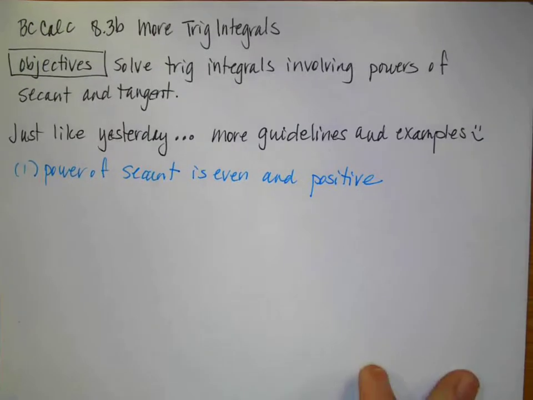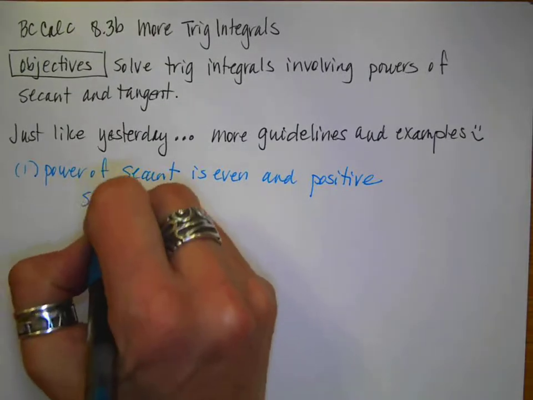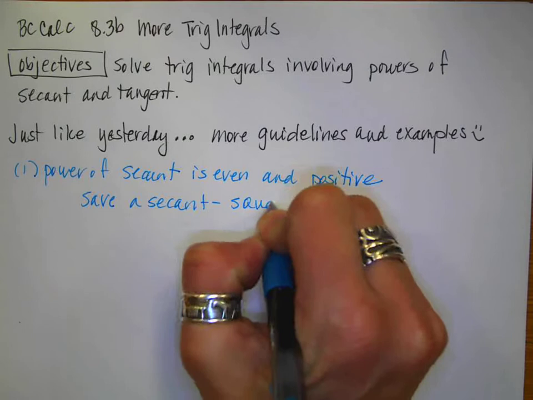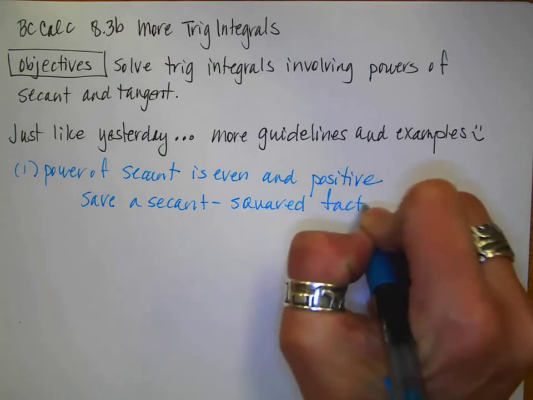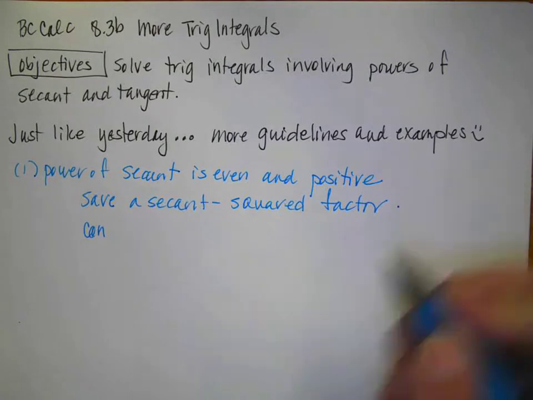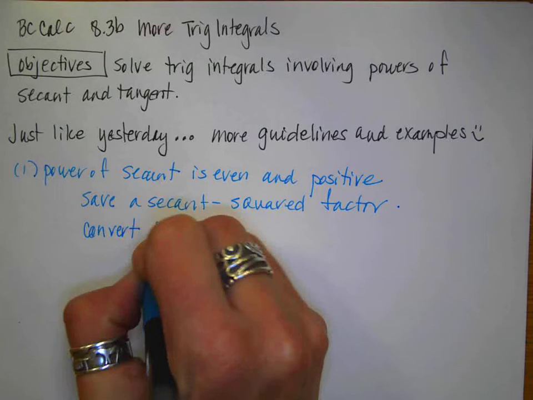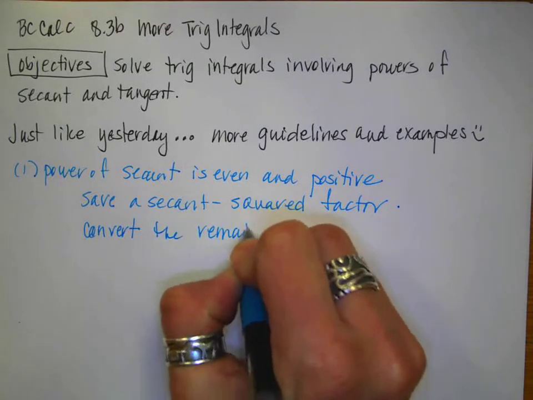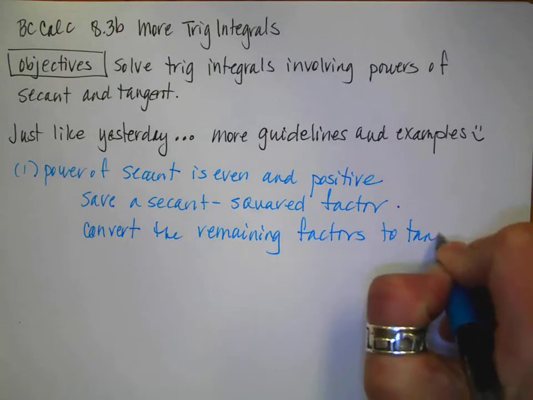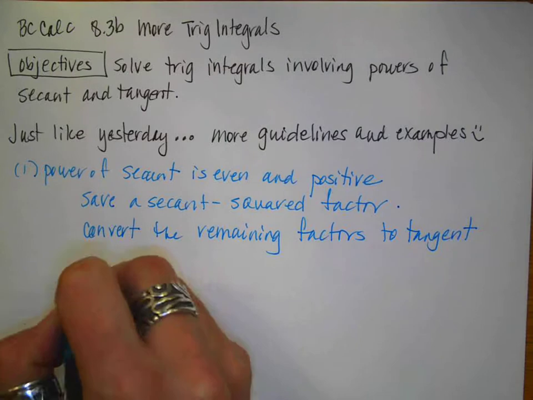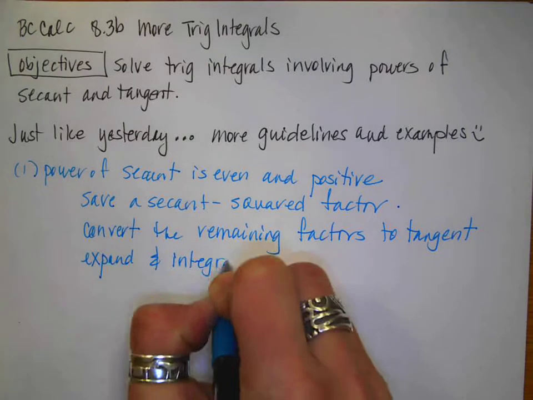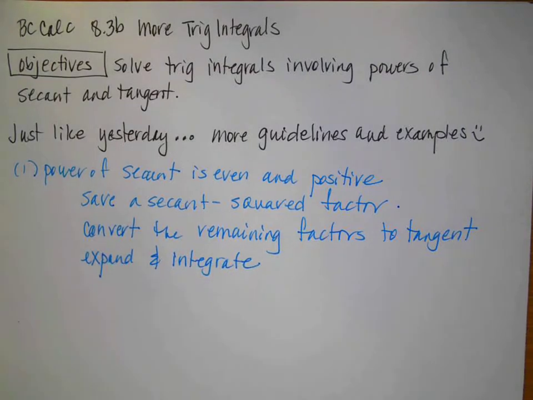Okay, and then our rules for that are we are going to save a secant squared factor, and then we're going to convert, because I'm going to use my properties, the remaining factors to tangent, and then we're going to expand and integrate. All right, so those are our first set of guidelines.